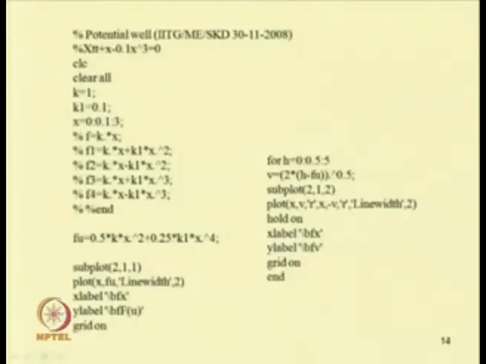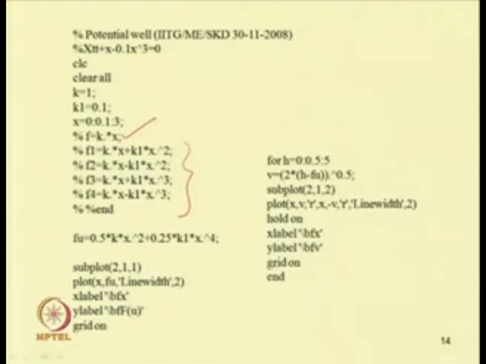This is a code written to find the potential well of different systems. One can take different values of small f(u), for example f(u) equal to k x or k u, which is for the linear systems.